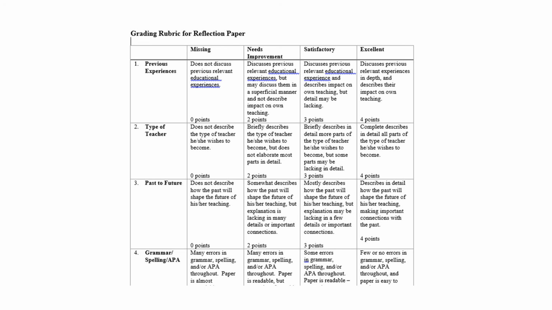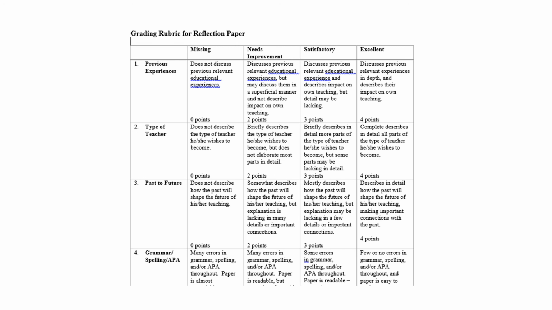Or you can use it to write the paper as you go along. I tell students it's helpful to have the grading rubric right there so you can see, are you doing the necessary steps? Are you describing fully your previous experiences? Are you describing fully the type of teacher you want to become? Are you describing fully the past to the future? Is your grammar, spelling, and APA all okay?